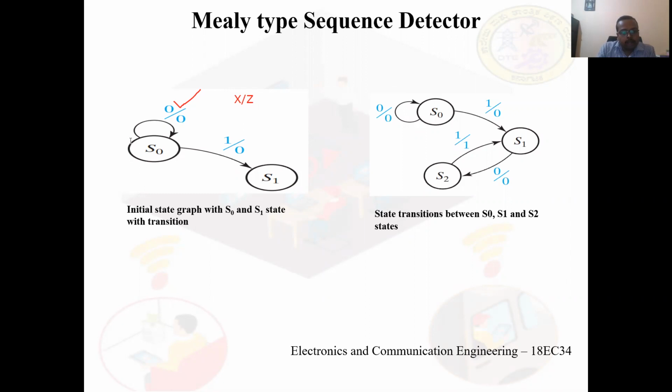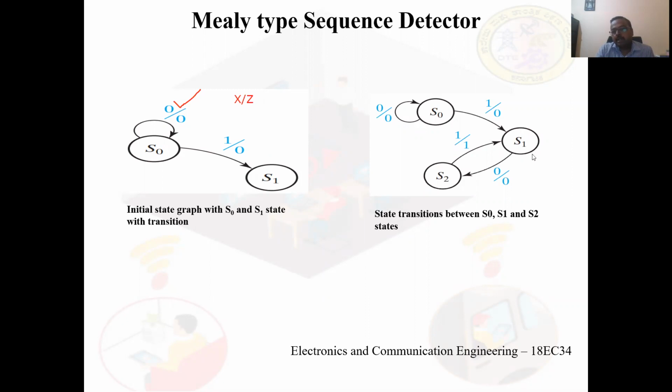Similarly, when it is in the present state S0 and the input received is 1, it will go to the next new state, which is S1, and the output is equal to 0. Now we look for the sequence we're looking for, which is 1 0 1.